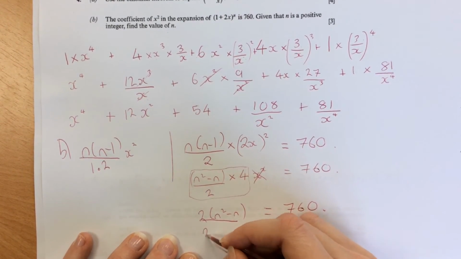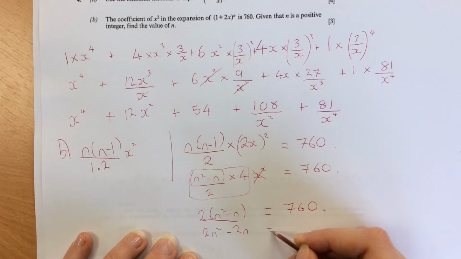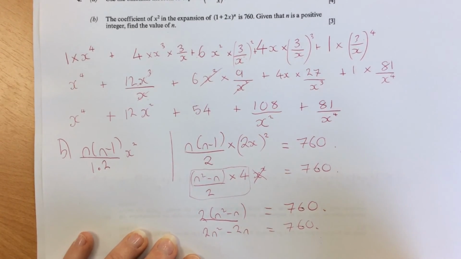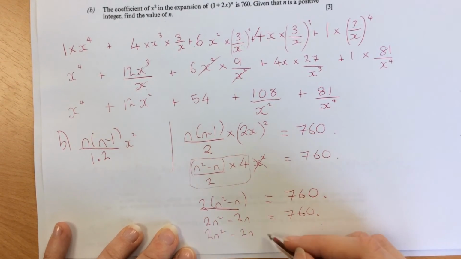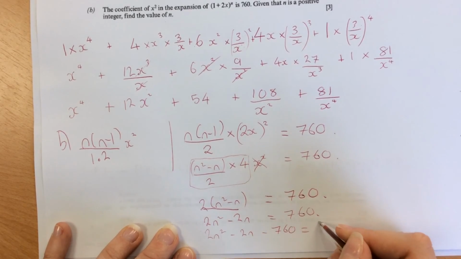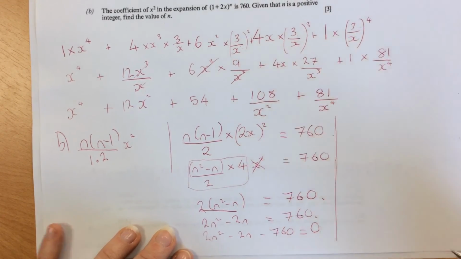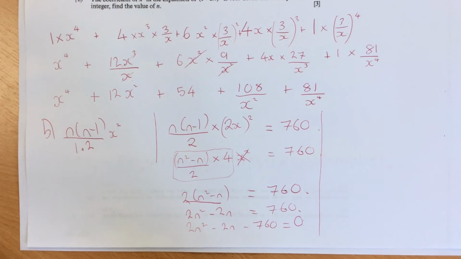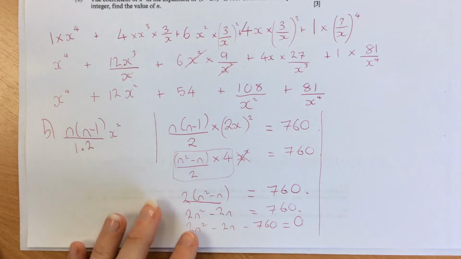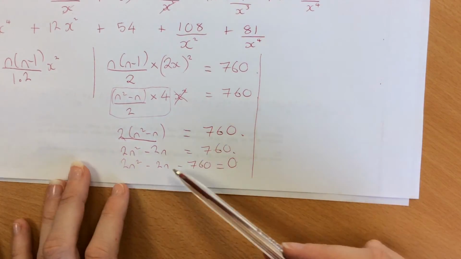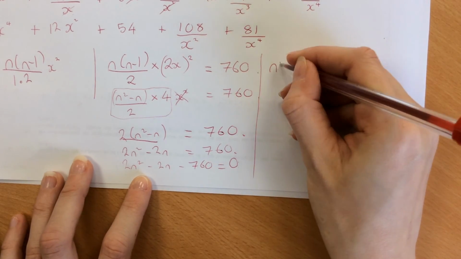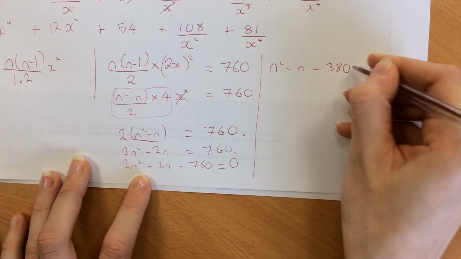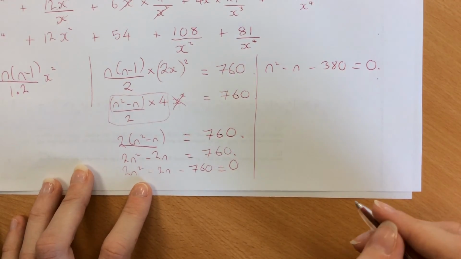Expanding this, we're going to end up with 2n squared minus 2n equals 760. Moving the 760 over, 2n squared minus 2n minus 760 equals 0. Then we're going to factorise that. It's a bit of a harder one to factorise, so start off by dividing through by 2. So we're going to end up with n squared minus n minus 380 equals 0.